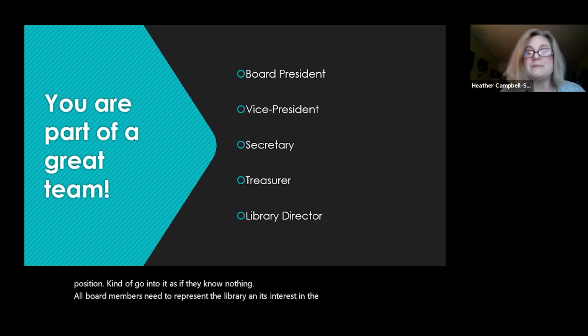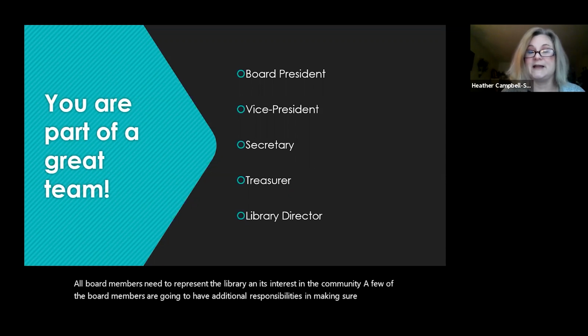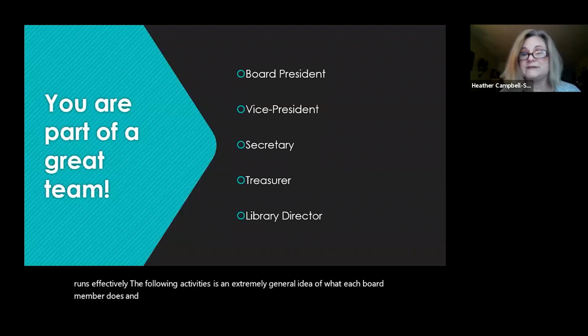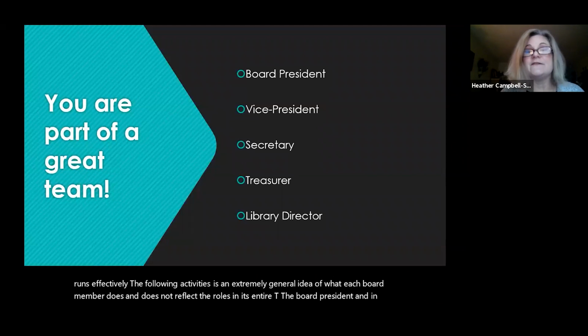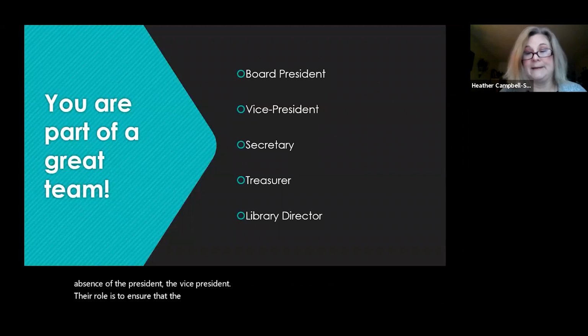A few of the board members are going to have additional responsibilities in making sure the board runs effectively. The following activities are an extremely general idea of what each board member does and do not reflect the roles in their entirety. The board president, and in the absence of the president, the vice president, their role is to ensure that the board meetings run effectively.